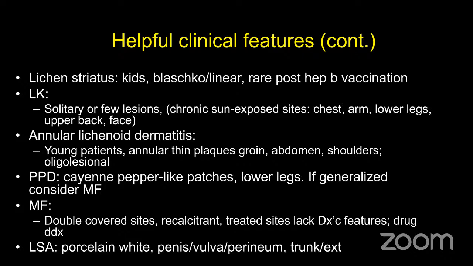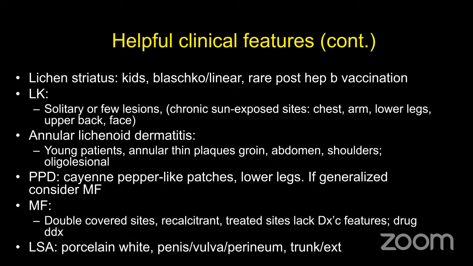Lichenoid keratosis, if you're going to make the diagnosis, it should, in my opinion, be on areas that have had chronic sun exposure, because it's supposed to be really a reaction to a solar lentigo. So usually if we see it, the chest is a common place, the arms, sometimes the legs. Sometimes the face.